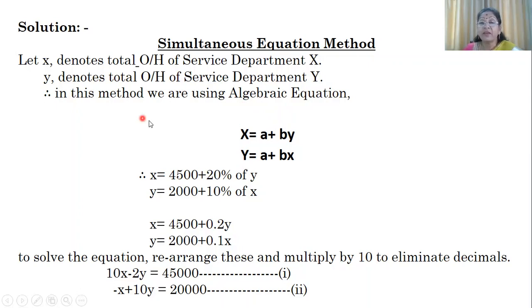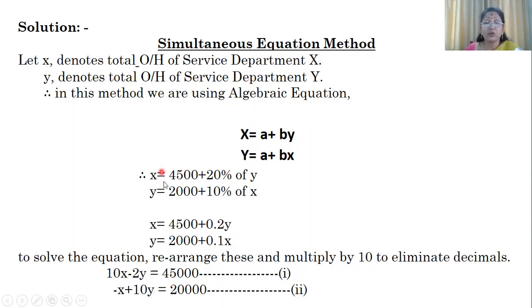In this method, we are using algebraic equations: X is equal to A plus BY, and Y is equal to A plus BX. Department X, department Y, we are forming the equations.